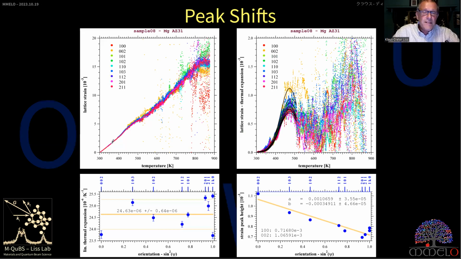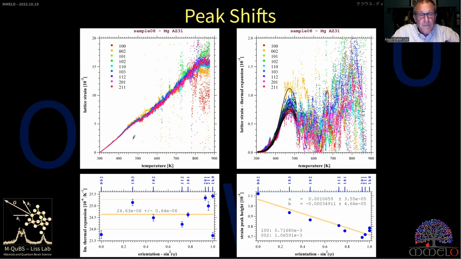We can fit a linear function at the bottom, between 300 and 350, and get the thermal expansion, which is shown in the bottom figure as a function of sine squared psi, so as a function of the orientation of the lattice plane or the reciprocal lattice vector. There is not much systematic dependence. It scatters around the mean value, so we get 24.6 times 10 to the minus 6 per Kelvin.